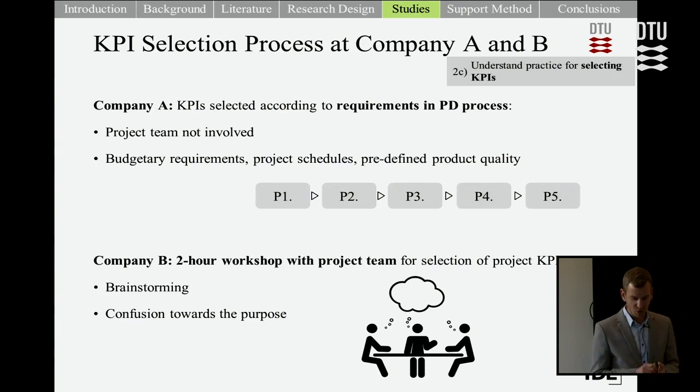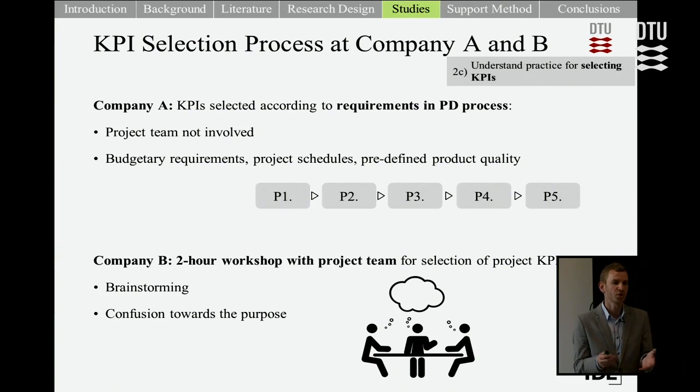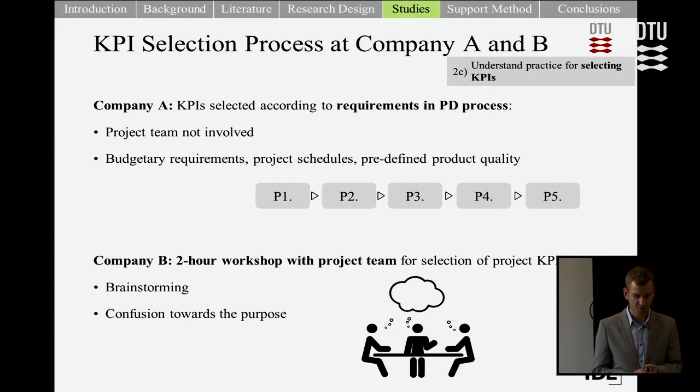At Company B, what we saw was that they used a 2-hour workshop for the selection of KPIs with the project team. However, this was typically done in a brainstorming activity, which has been criticised in literature as it can cause confusion towards the purpose of what the KPIs are actually measuring. And this was the case in Company B.